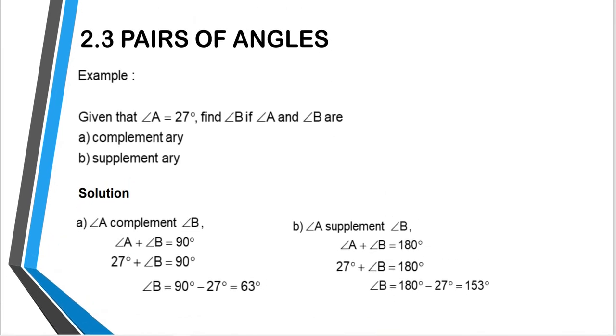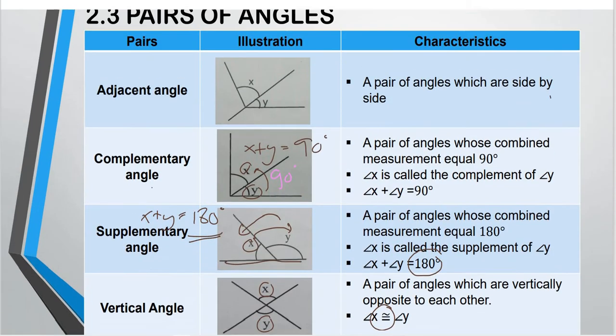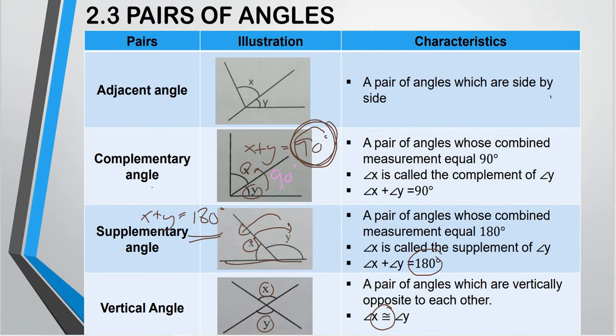Let's look at an example on pairs of angles. Given that angle A is 27 degrees, find angle B if angles A and B are complementary. So what was complementary? Check back: complementary means the summation of the degrees is 90 degrees, and supplementary is 180 degrees. Remember? Complementary 90, supplementary 180.